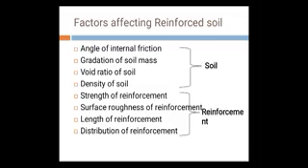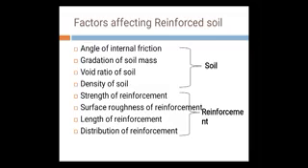Length of reinforcement: if we increase the length of the strip, the surface area increases, the roughness increases, and that roughness increases the friction, and friction will again strengthen your soil.